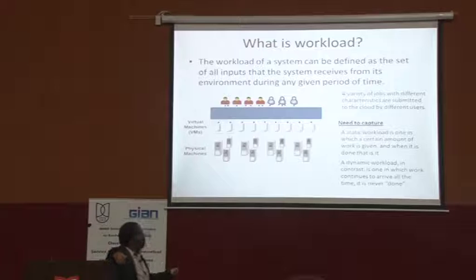So when we talk about dynamic environment or dynamic workload, we submit jobs, but jobs arrive to the system, and the workload dynamically changes.